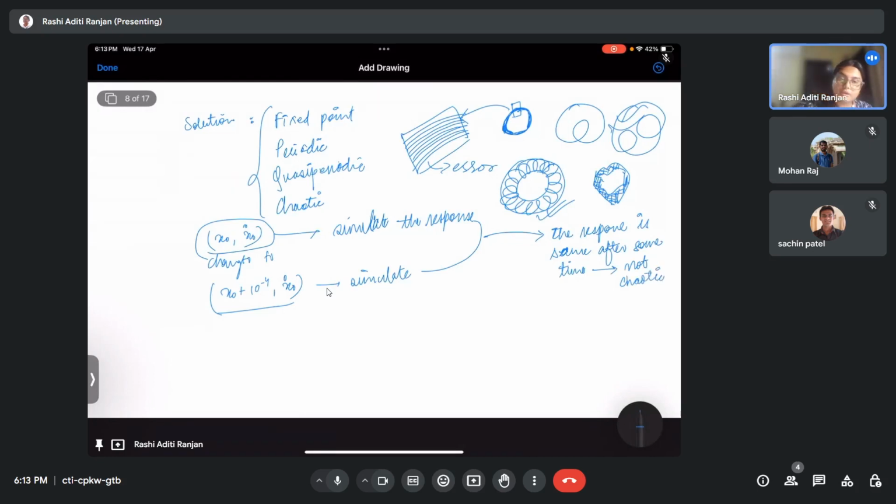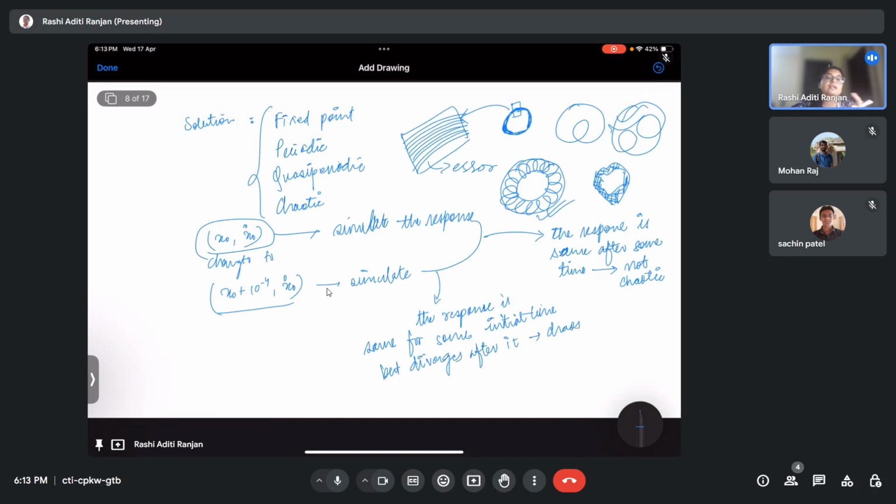It is not chaotic. And if the response is the same for some initial time but diverges after it, then it is chaos.